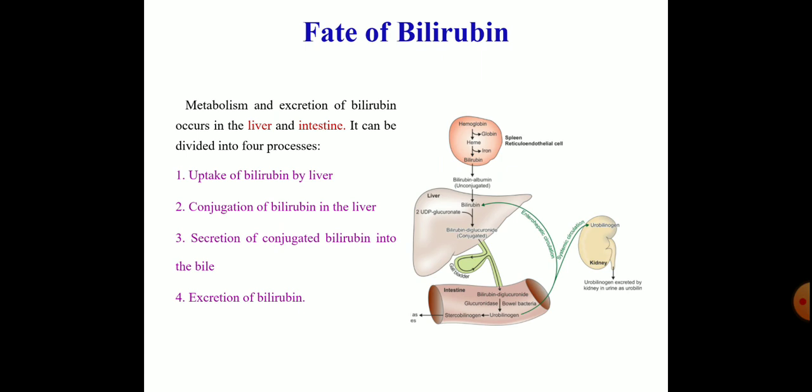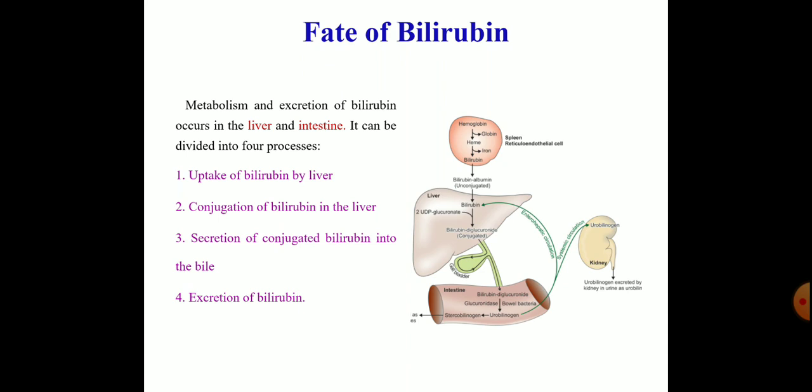Then, the fate of bilirubin. What happens to this bilirubin after synthesis? The metabolism and excretion of bilirubin occurs in the liver and intestine. It can be divided into 4 different processes. The bilirubin which is formed is transported to the liver.